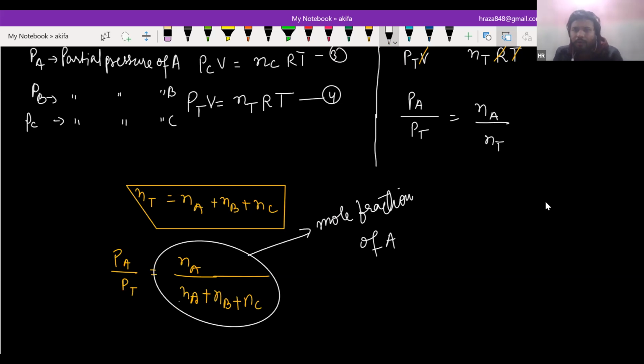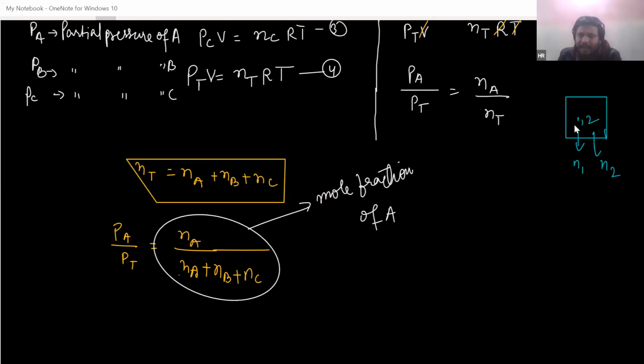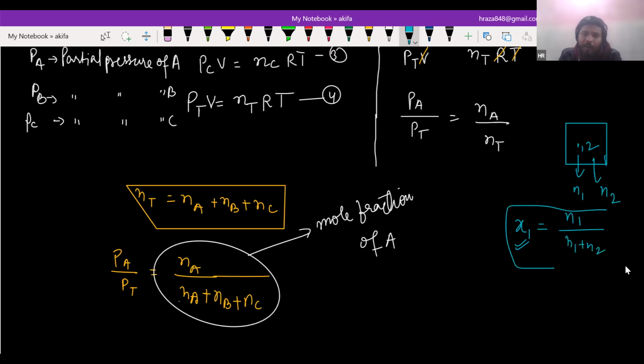You know how to find mole fraction. Whenever there is a container, and there is 1 and 2, and the number of moles of 1 is N1 and number of moles of 2 is N2, when we find mole fraction of 1, the representation of mole fraction is zeta 1, we can say x1. So mole fraction of 1 will have number of moles of 1 in the numerator, and total number of moles including 1 in the denominator.